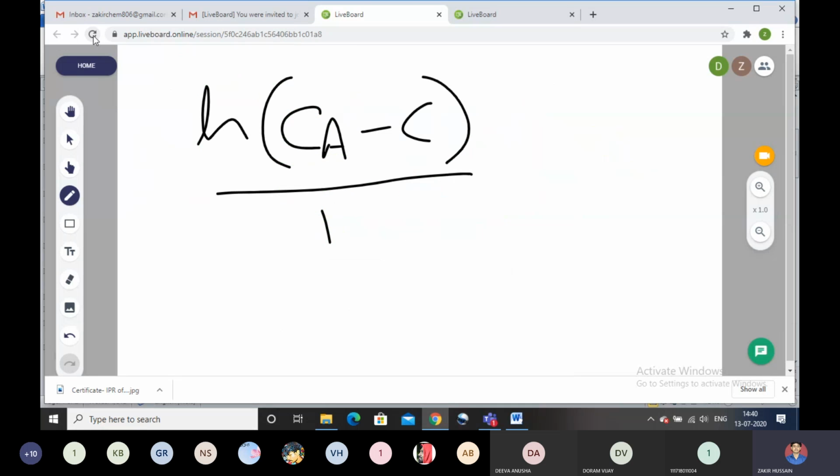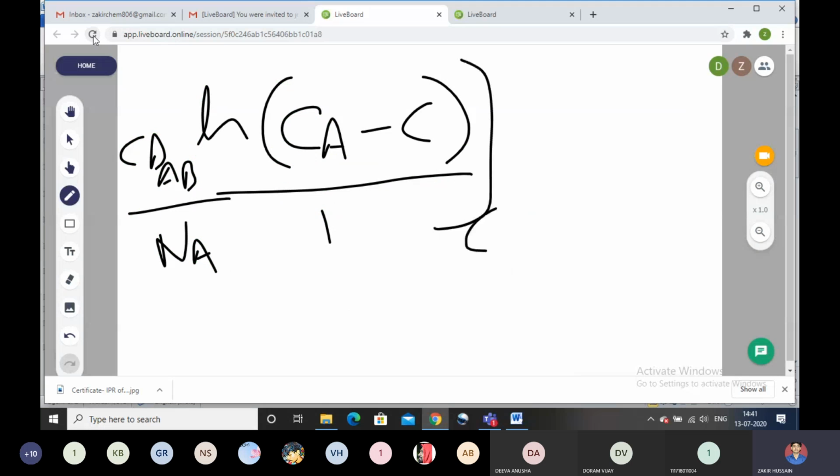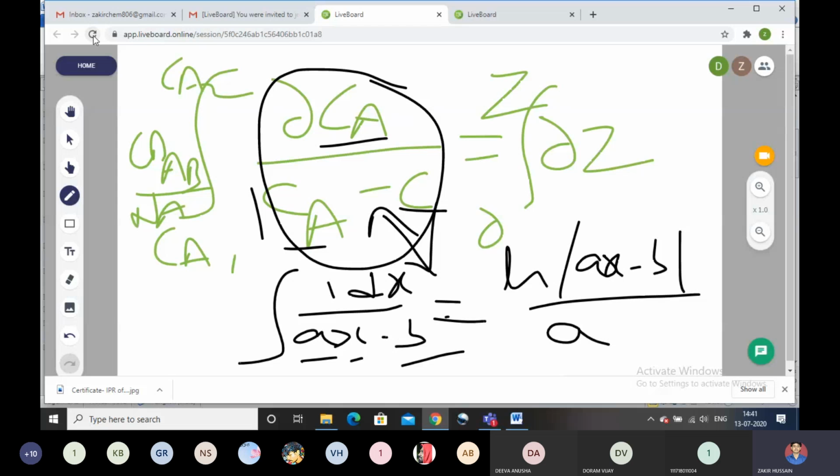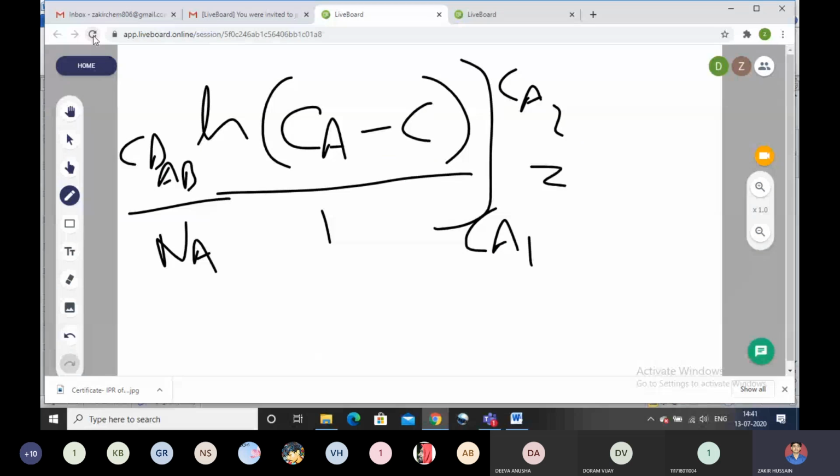So the left out term here is C DAB by NA, with limits between Ca1 to Ca2. In the previous equation, we can directly cancel derivative and integral, and just input the term z on the RHS between the limits 0 to z.